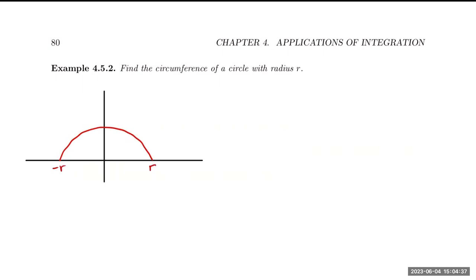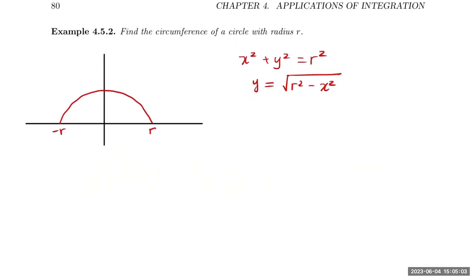All right, let's start with the equation of a circle: x squared plus y squared is equal to r squared. That means y is just going to be, we're taking the positive since we're working with the upper semicircle, the square root of r squared minus x squared. If we want to find the derivative, y prime is 1 divided by 2 times root r squared minus x squared, times negative 2x.